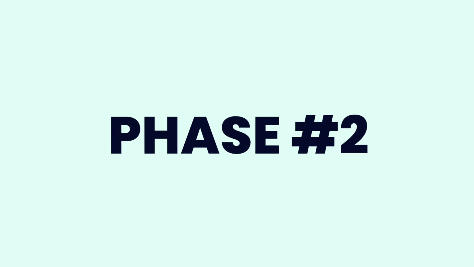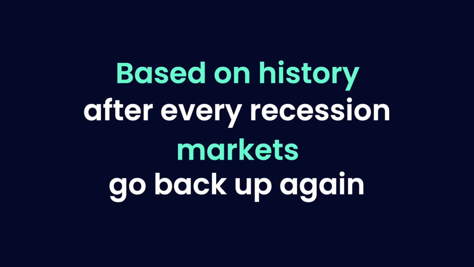However, obviously you want to invest that money as much as you can back into the business, but if you have some money that you can't invest right away back into the business, then what you want to do is phase two. You want to invest that money into stocks, into crypto. Obviously you don't want to invest everything into crypto just in case, into real estate, all of these kind of things that are going downhill right now, that the price is lowering, because based on history, after every recession, markets go up again.